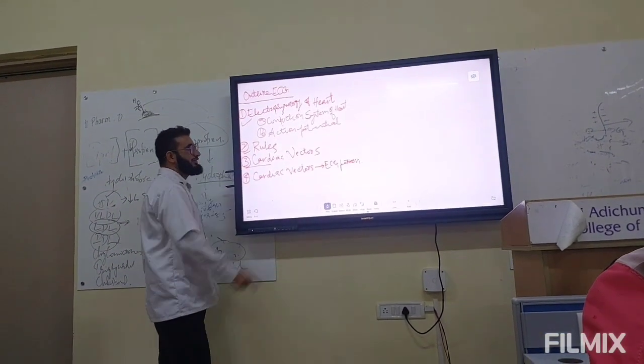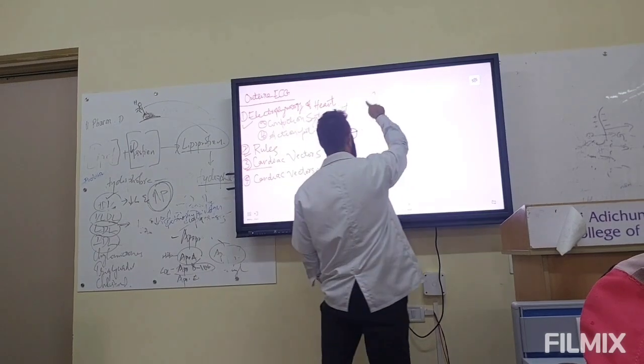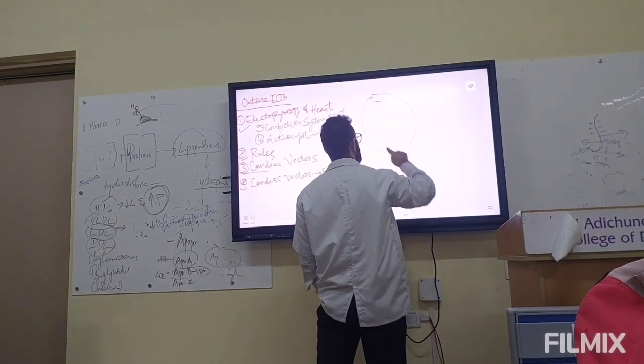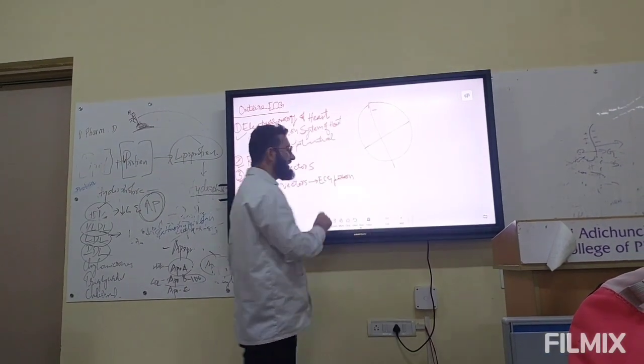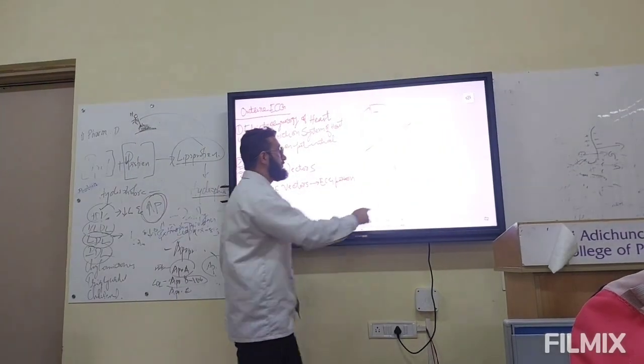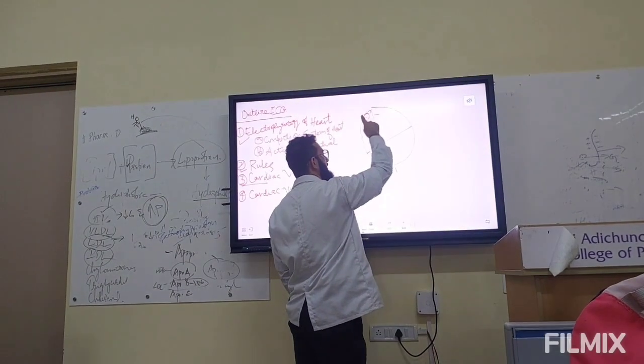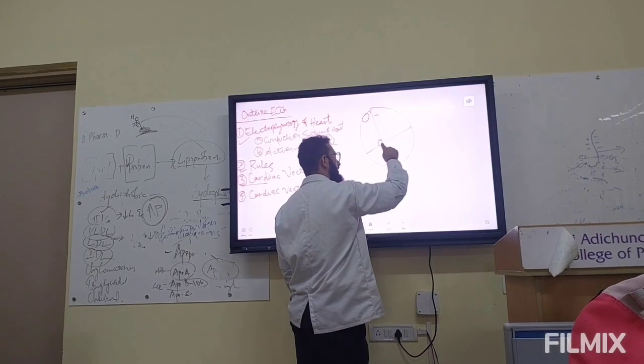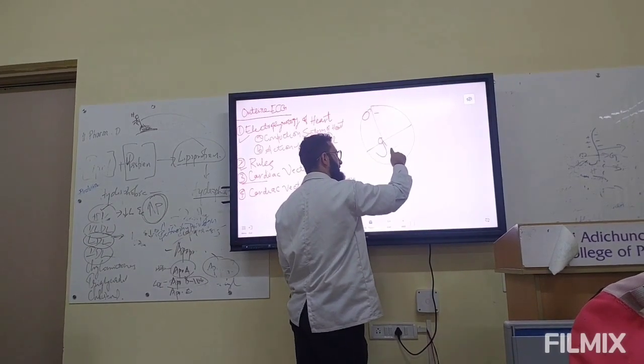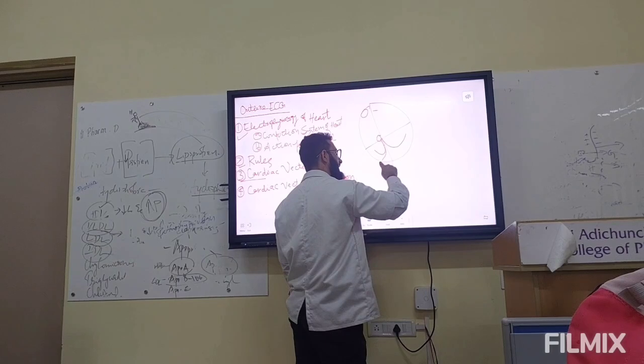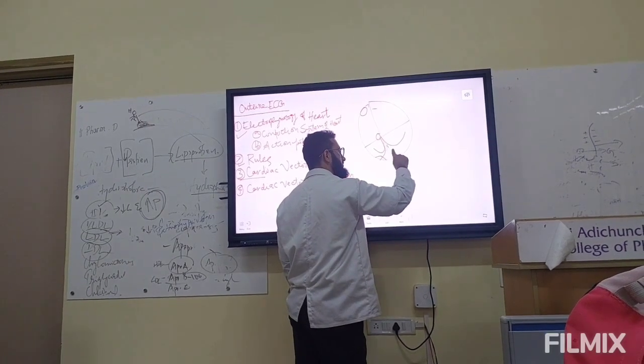In that, first I will cover the conduction system of the heart. See, this is our heart. The conduction system of the heart consists of the SA node, AV node, bundle of His, and Purkinje fibers.